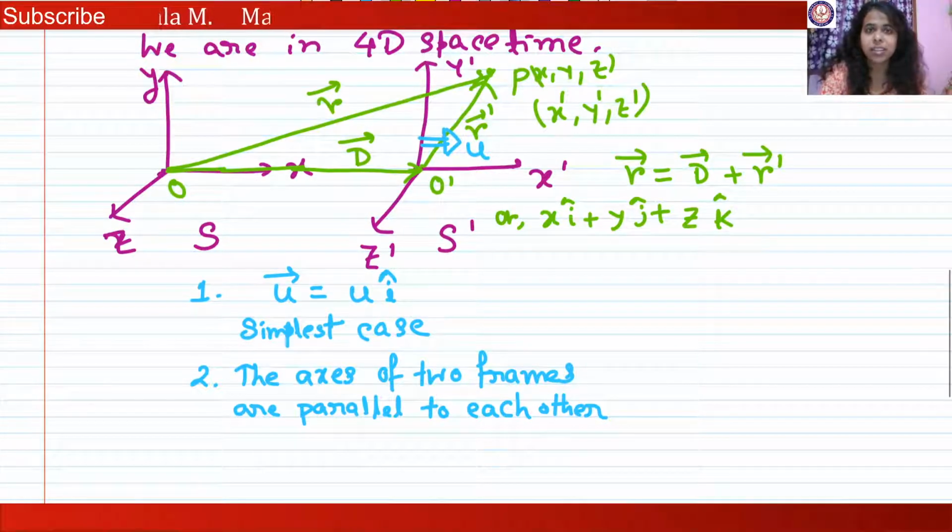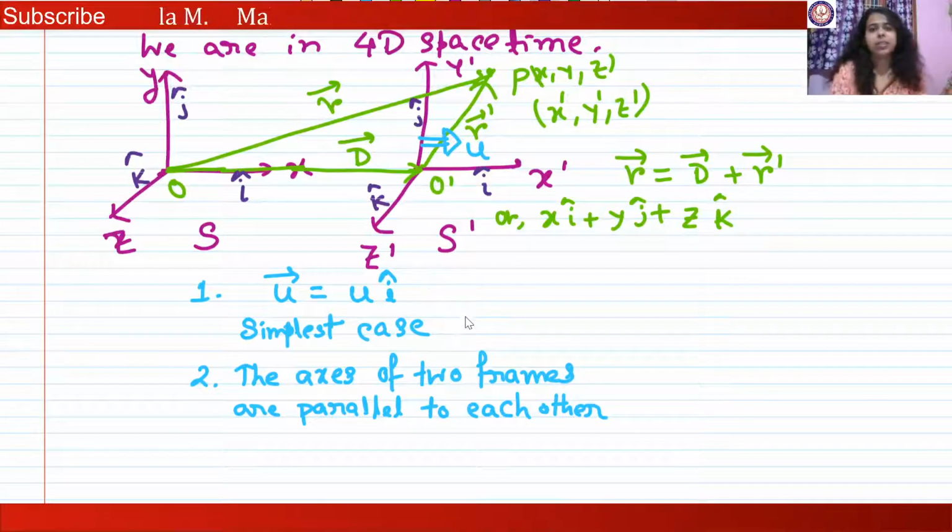Another thing to mention: the unit vectors of both frames are equal, here also i cap, j cap, k cap.